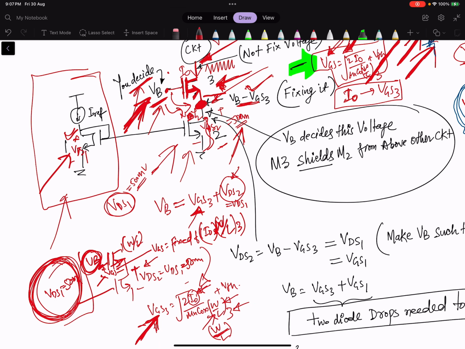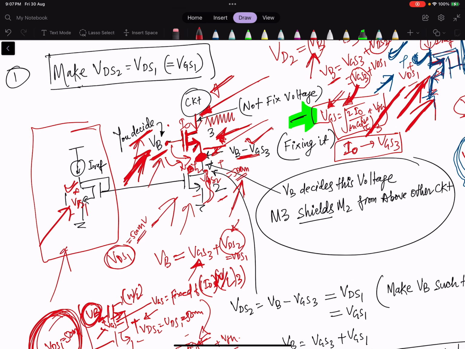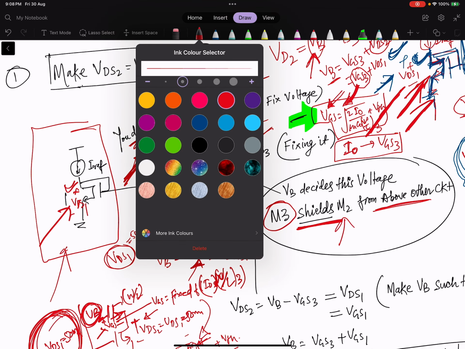Now going further, somewhere you will see it mentioned that there is a shielding effect. So what does it mean? It means that this MOSFET M3 will shield M2 from the circuit above. Let me give you another view.